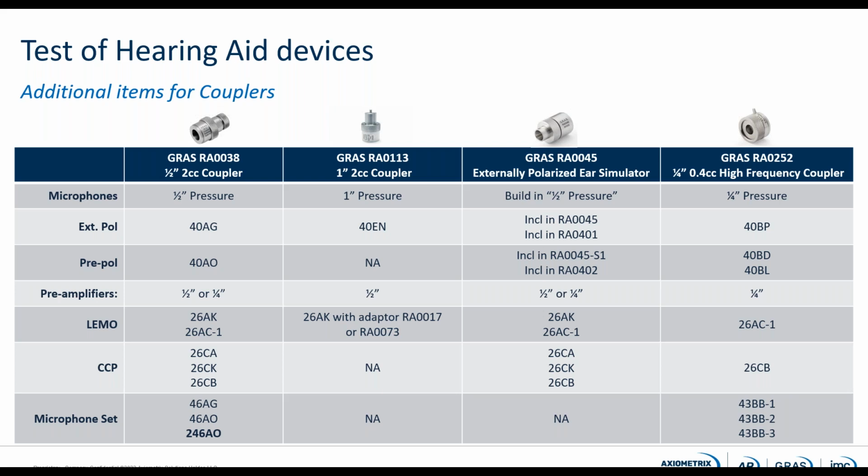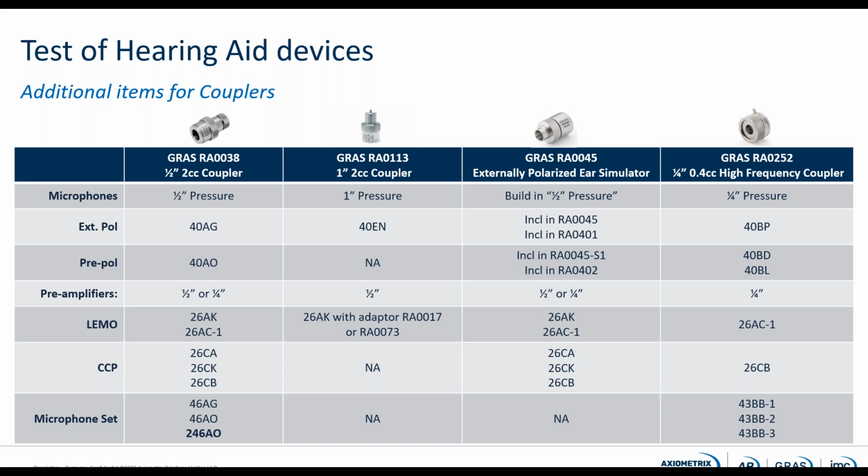For the occluded ear, the RA45, which actually has a built-in half-inch pressure microphone, these couplers are also available in both an externally polarized version and a pre-polarized version. And you can use the same preamplifiers, both LEMO and CCP, as you could use under the 2cc coupler.